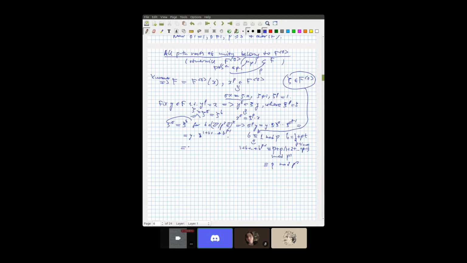So the conclusion is that this is y times zeta, because this is simply psi to the p, and not y. So this is a contradiction, because we assume that our sigma is of order p.